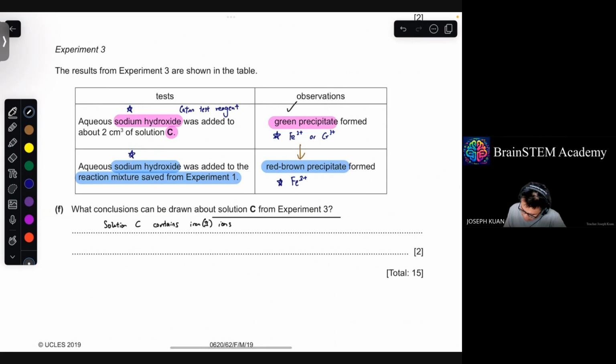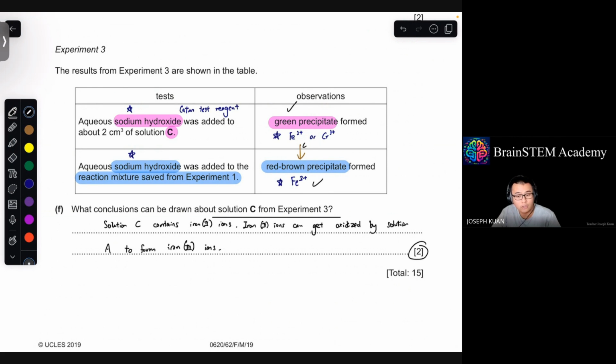And then you can also say that, because it's a 2-mark question, the iron(II) ions can get oxidized by solution A to form iron(III) ions, which is why you got a red-brown precipitate. So remember, iron(II) is green, iron(III) is brown in most cases.